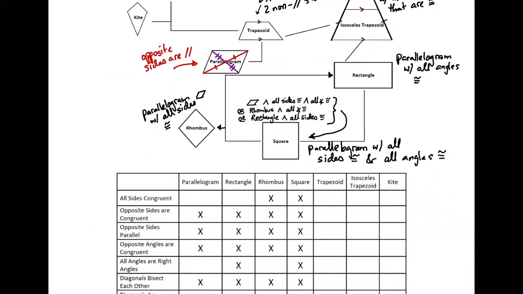Opposite angles congruent, same deal. All angles are right angles. It only happens in two instances. Right? Diagonals bisect each other. That's what I was talking about with the parallelogram.